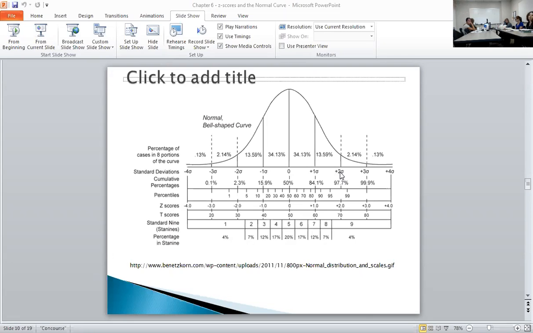Okay? If you get between 2 and 3 standard deviations above or below, how frequently do those scores occur? Rarely. You're starting to get into the tails at that point. You're only capturing about 2% of people scored in that range.